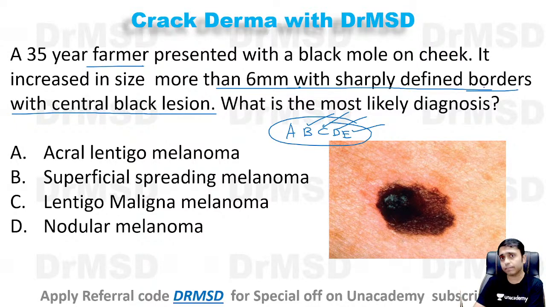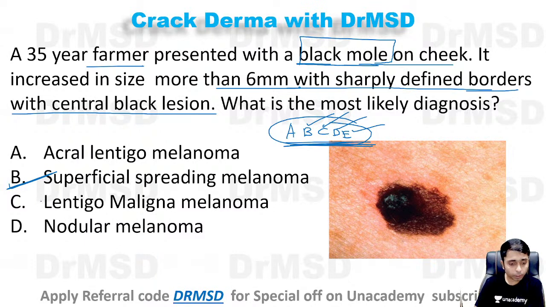There is a well definition happening, and in the question if you see carefully, there is a black mole on the cheek, and this black mole is slowly transforming. So whenever a question mentions that there was a previous mole which is now showing these A, B, C, D, E changes, always you should think about the most common variety of malignant melanoma, that is superficial spreading melanoma.